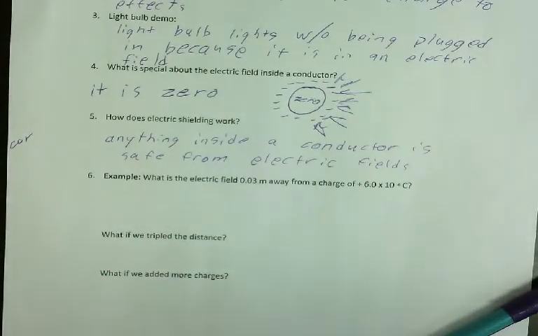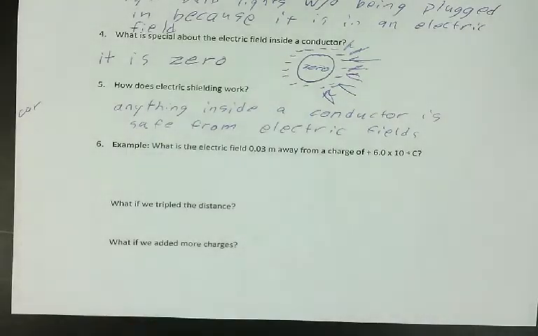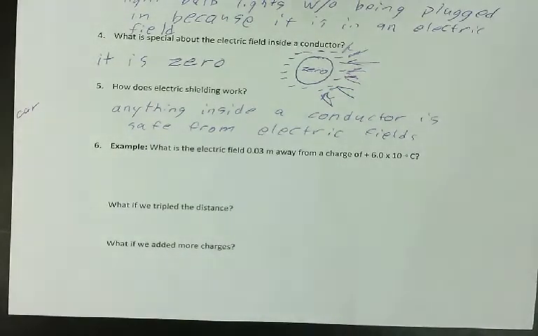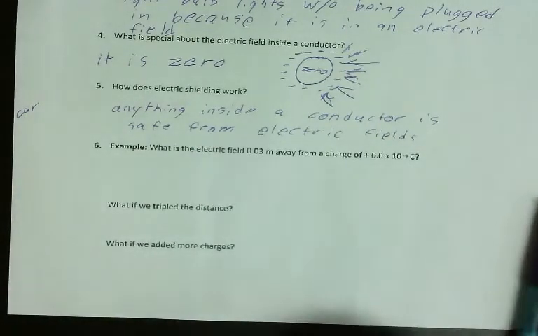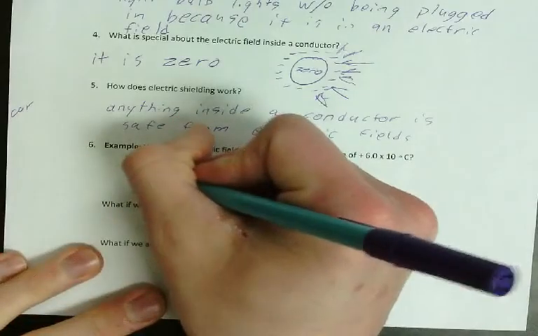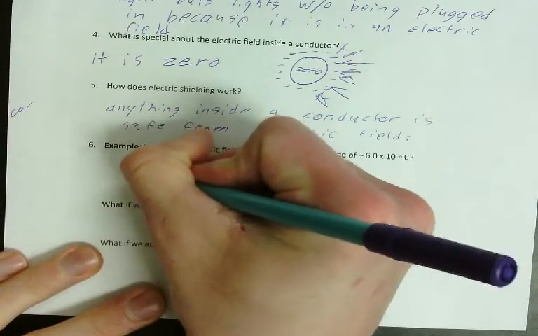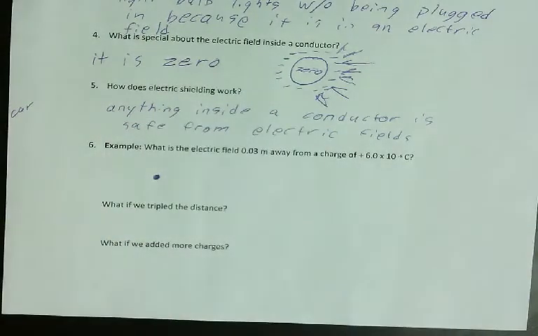All right, last one, example problem. What is the electric field 0.3 meters away from a charge of positive 6 times 10 to the negative 6 coulombs? First things first, draw a diagram. All you've got to do is draw a charge and draw the direction of the field.